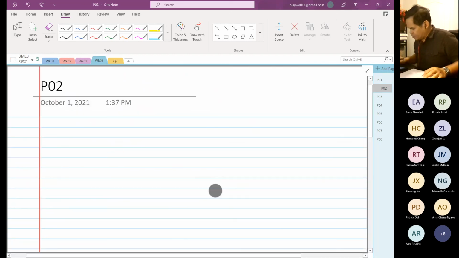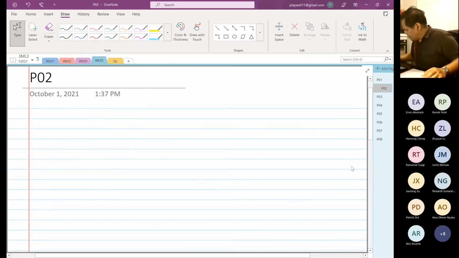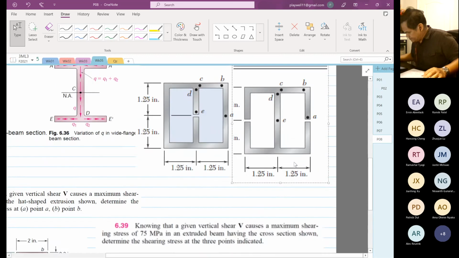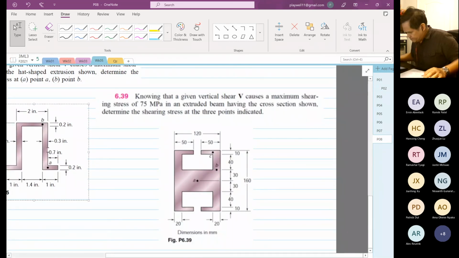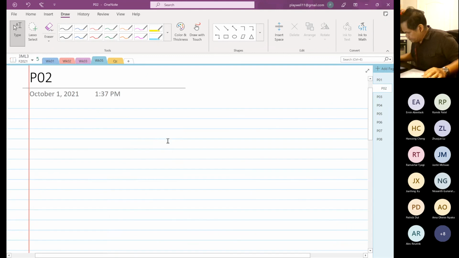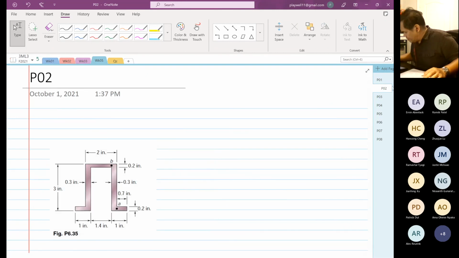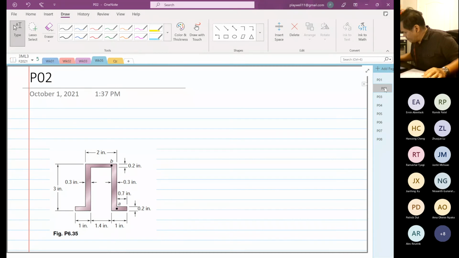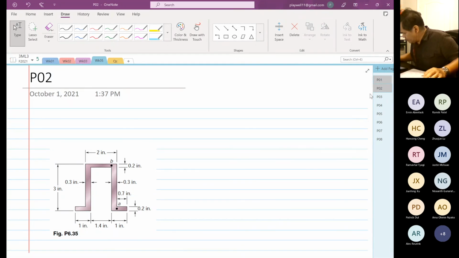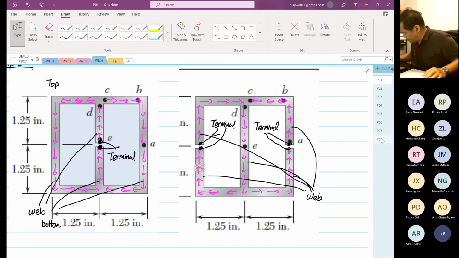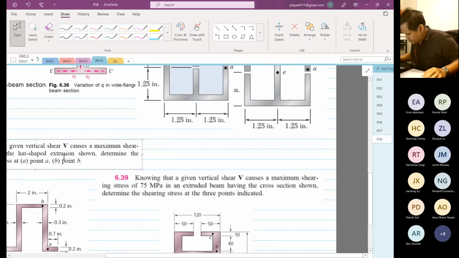All right, so let's do an example. Again, this example can be found on Avenue to Learn.